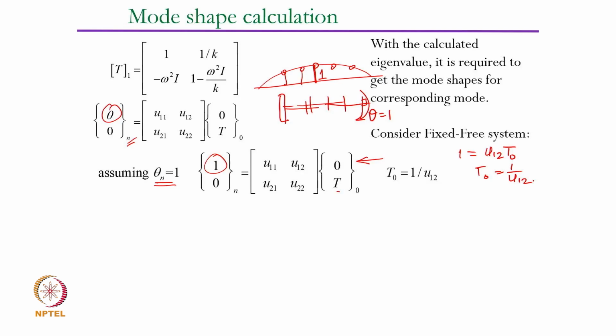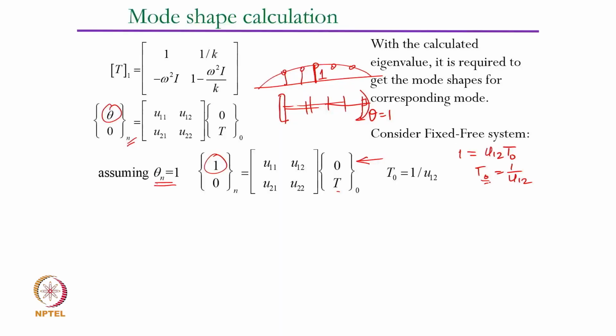Now please make a note that you have already done the estimation of the eigenvalue. That means you already know what omega is. So all the values of u12, u22, u21, everything is known. Once the frequency is known, all the transfer matrices are known, and all the elements of the overall transfer matrix are also known. So you know how much T naught is.